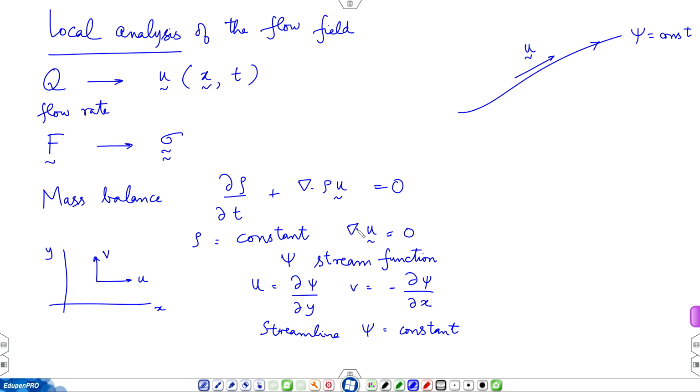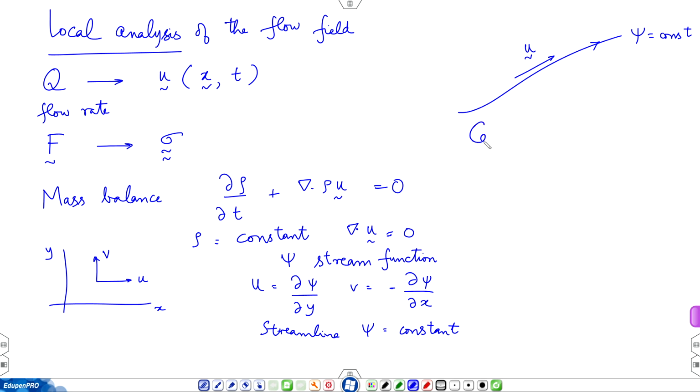Now, in many of the calculations in the first part of the course, we treated the flow to be incompressible. We will continue thinking of it that way for some more time. So, the applicable form of the mass balance equation will be del dot u equal to 0.